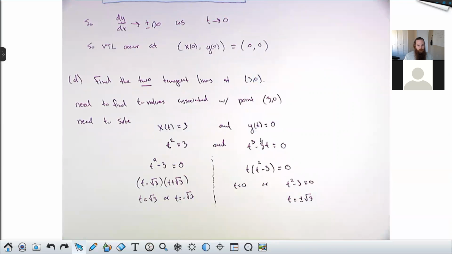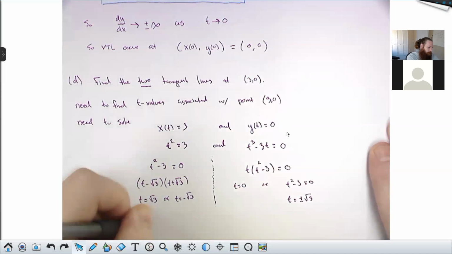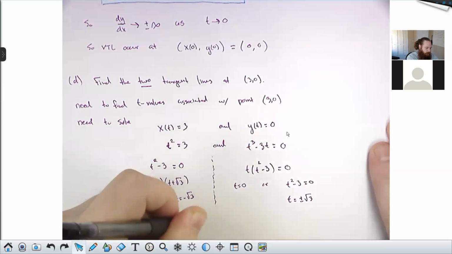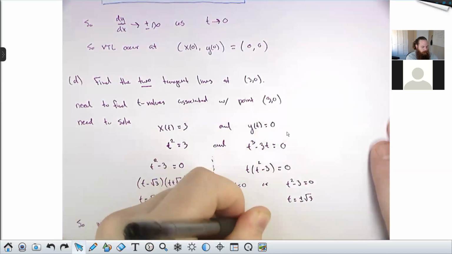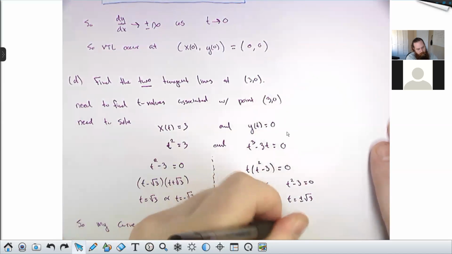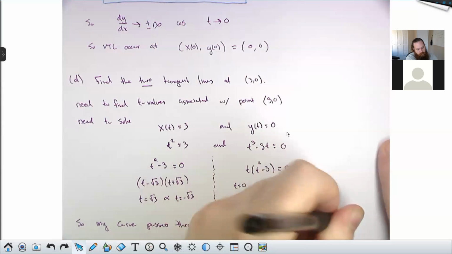So one of them on their own is not enough. The t values that make this equation true and simultaneously make this equation true are the t values I'm looking for. So my curve passes through (3, 0) when t is equal to negative root 3 and when t is equal to positive root 3.